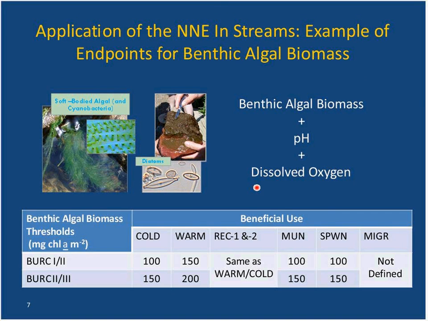So, an example of how this plays out in streams, and Paul had mentioned that the science supporting the NNE for freshwater streams and lakes is essentially complete, and they're off working on the policy development. And so this is an example for streams. Essentially, what we're using is a combination of benthic algal biomass, pH, and dissolved oxygen.